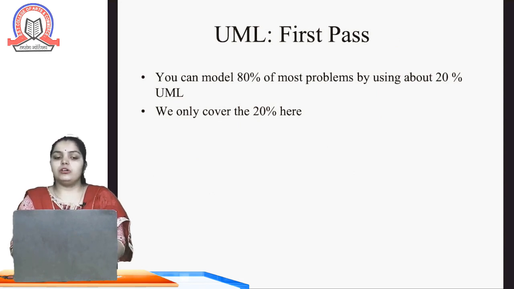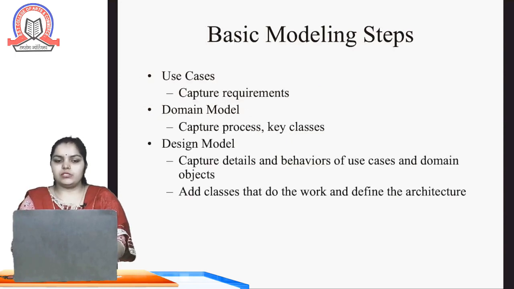If we talk about the first pass of the UML diagram, if you model 20%, you can represent 80% of the system. So 20% of the model, or 20% of the functionality of any system, can explain most of it through UML diagrams. The basic modeling steps for UML diagrams are: first the use case, which captures the requirements. After that, we do the domain model, which captures the processes and key classes.